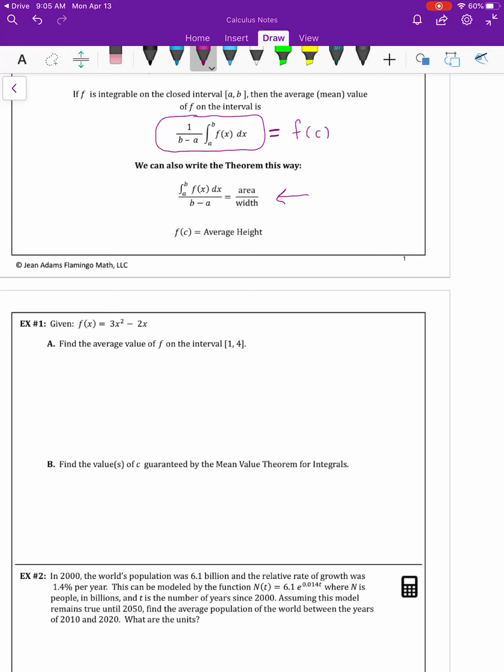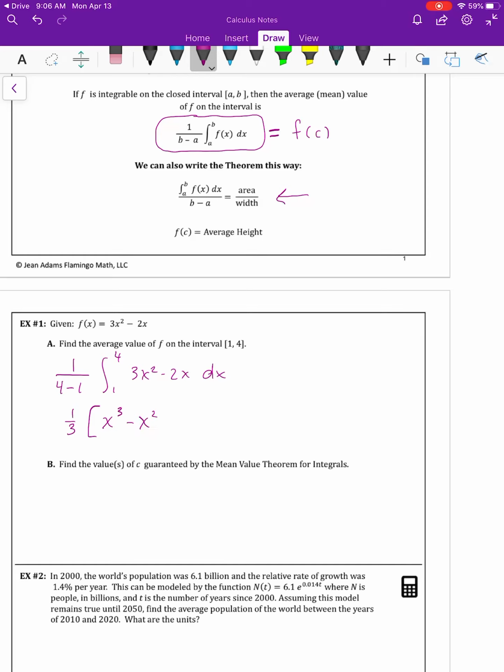So example number 1, find the average value of f on the interval from 1 to 4. Once you read that average value, that's your hint that you're going to use 1 over b minus a times the integral from 1 to 4 of 3x squared minus 2x dx.